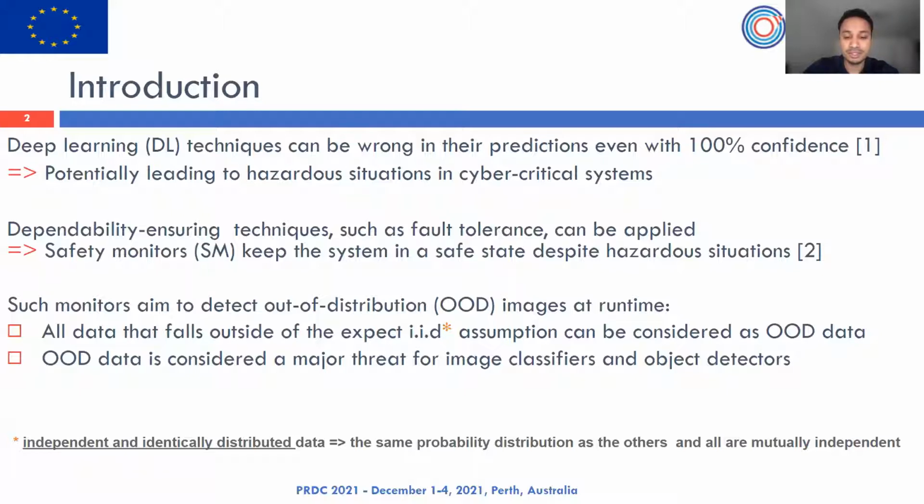So for this kind of issue, we usually apply some dependability ensuring techniques, and we have a lot of things actually. But one category of dependability techniques is fault tolerance, which is applied mainly to increase the safety of the functioning of these systems, but at runtime.